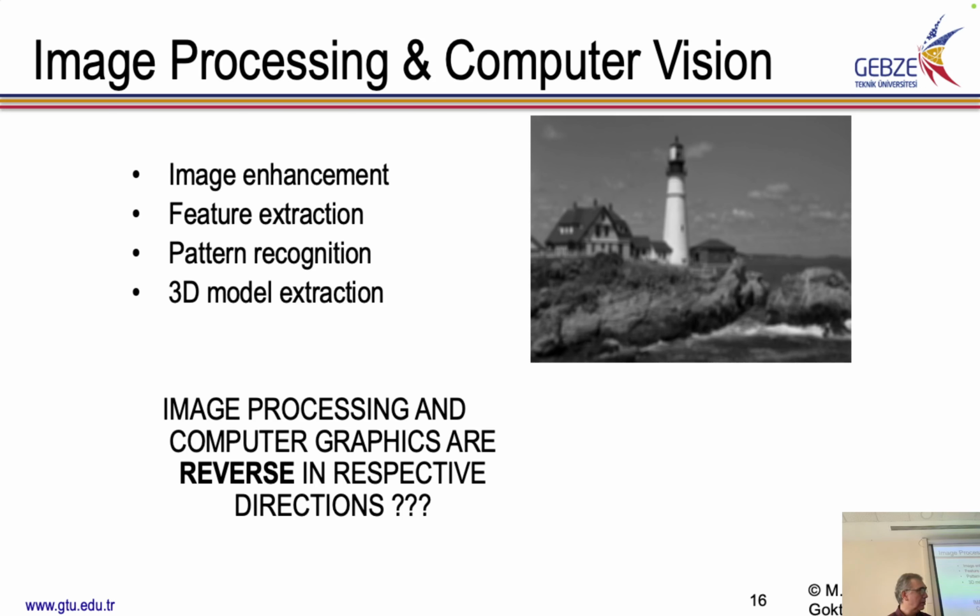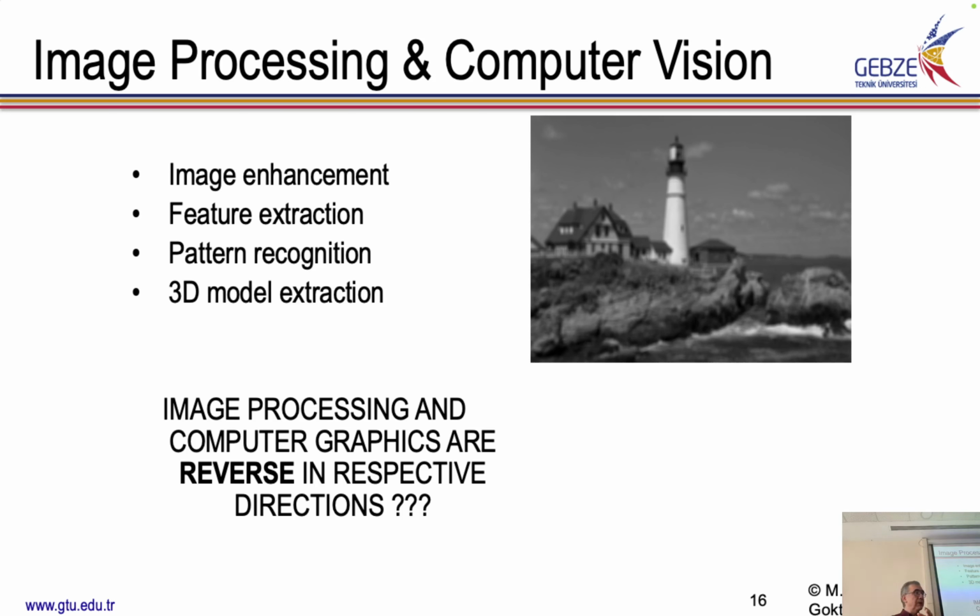Image processing and computer vision are closely related, but they are in opposite directions. Image processing means you are trying to get models from the image. You are trying to understand an existing image, photograph, camera, video, whatever.